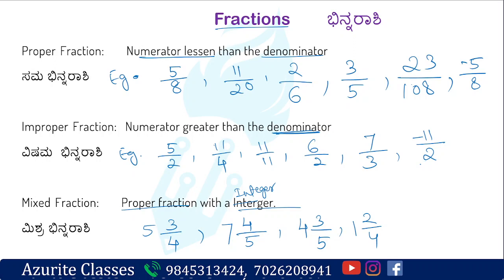And for a mixed fraction, the example can be minus 3 and 2 by 3, right? So this is negative also. Just remember that, not only positive.